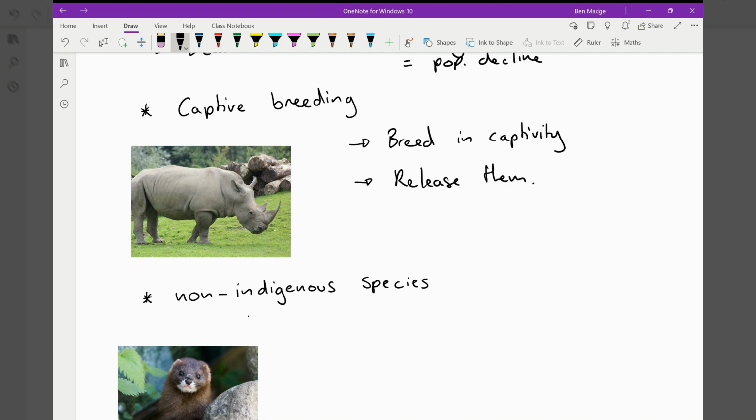An example of this is our friendly rhino here. So it's being poached at a greater rate than it can breed because it's a K-selected species. So in response, we captive breed them so we have a safe population that we can reintroduce.